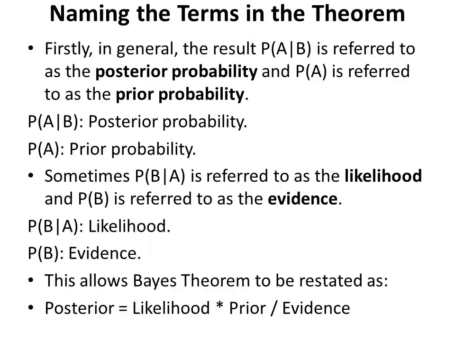Probability of event A is the prior probability. Sometimes probability of event B given A is referred to as the likelihood, and the P of B is referred to as evidence. This allows Bayes' theorem to be rewritten as posterior equals likelihood multiplied with the prior divided by the evidence.